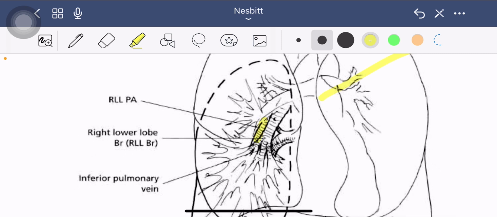So as we can see here, this is the right lower lobe pulmonary artery.